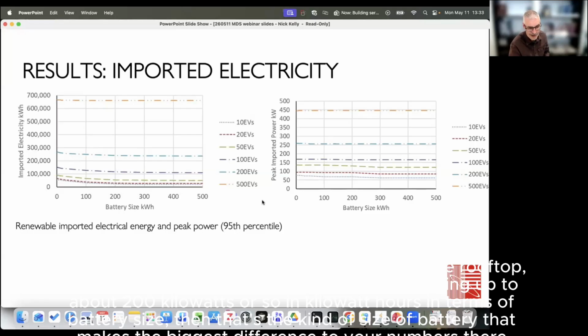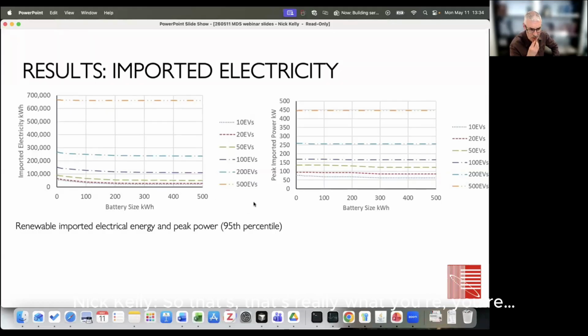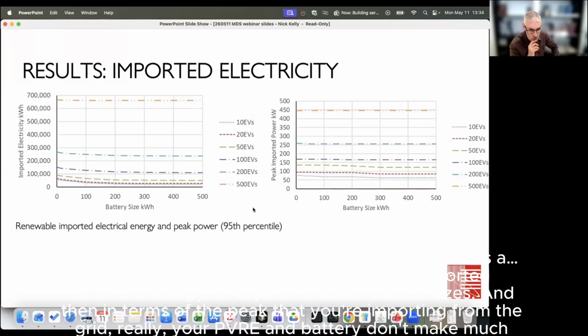With a smaller number of vehicles, if you're going up to about 200 kilowatt hours of battery size, then that's the kind of size of battery that makes the biggest difference to your numbers. So that's really what the slide is showing you.